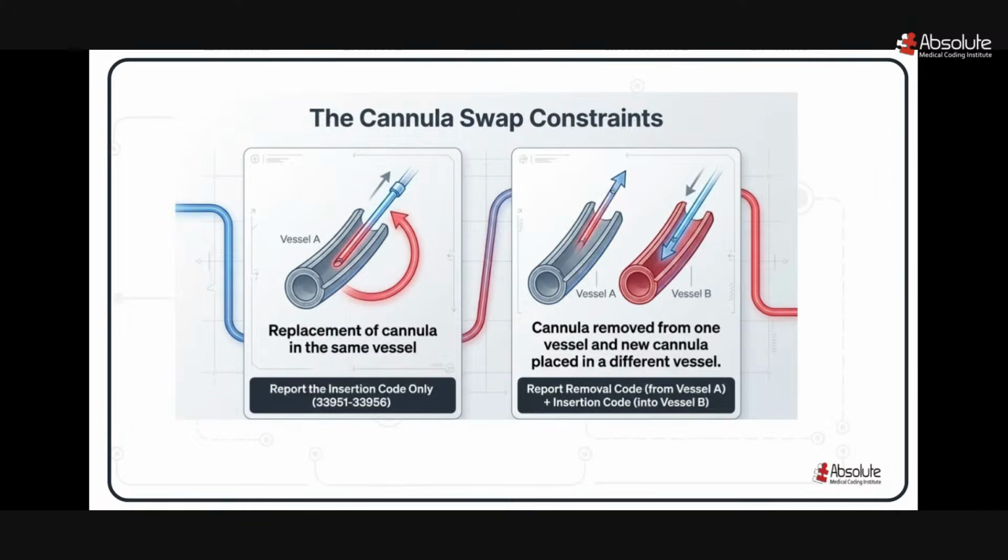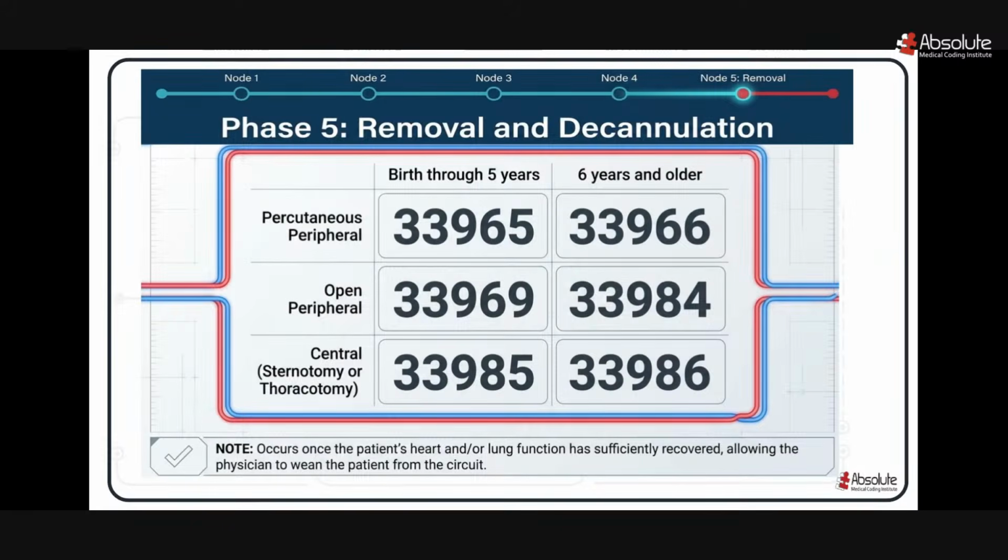When the cannula is removed from one vessel and placed into a different vessel, you report the cannula removal code as well as the insertion code. But if it's the same vessel, you will code only the insertion code. So please do make a note of this. This is a very important guideline.